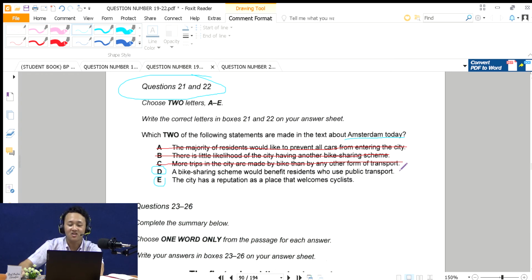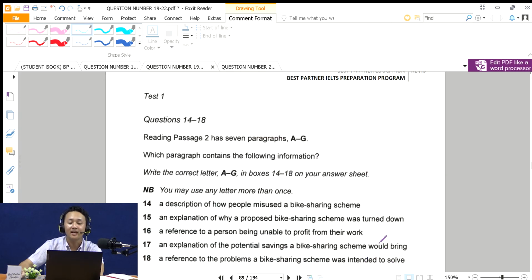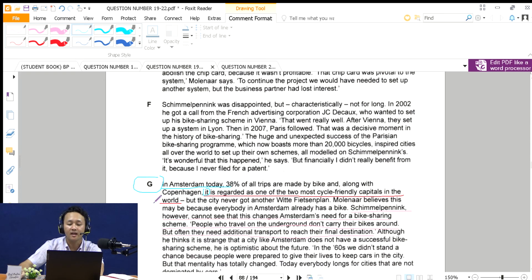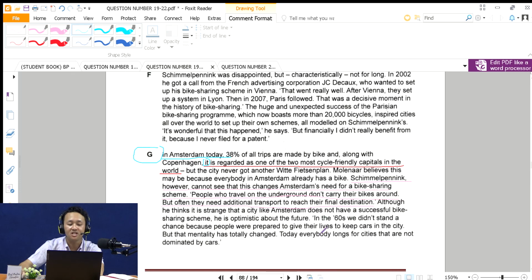No, there's no mention of that. Okay, you find it. The answers to numbers 21 and 22 are D, a bike sharing scheme would benefit residents who use public transport, and E, the city has a reputation as a place that welcomes cyclists. And you find everything in paragraph G, like this.